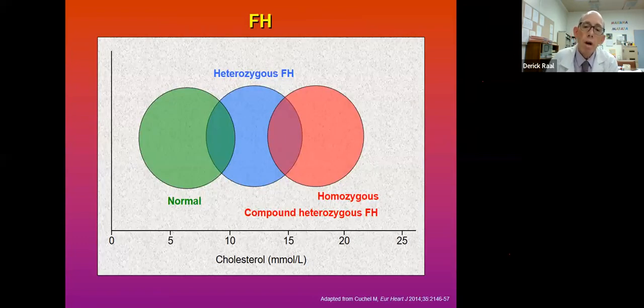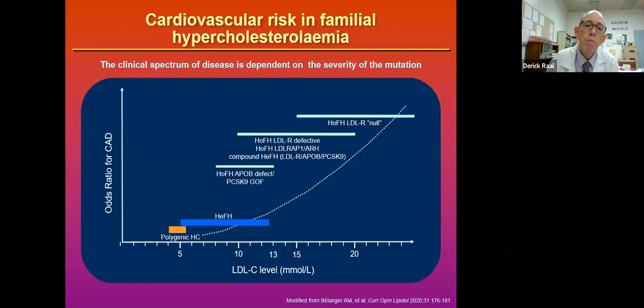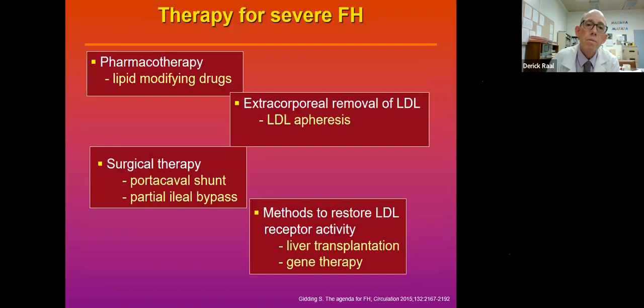But the bottom line, as shown in this slide, is that the poorer the LDL receptor function, so those homozygotes that have very poor residual LDL receptor function, tend to have the highest LDL cholesterol levels and are at the greatest risk for coronary artery disease.